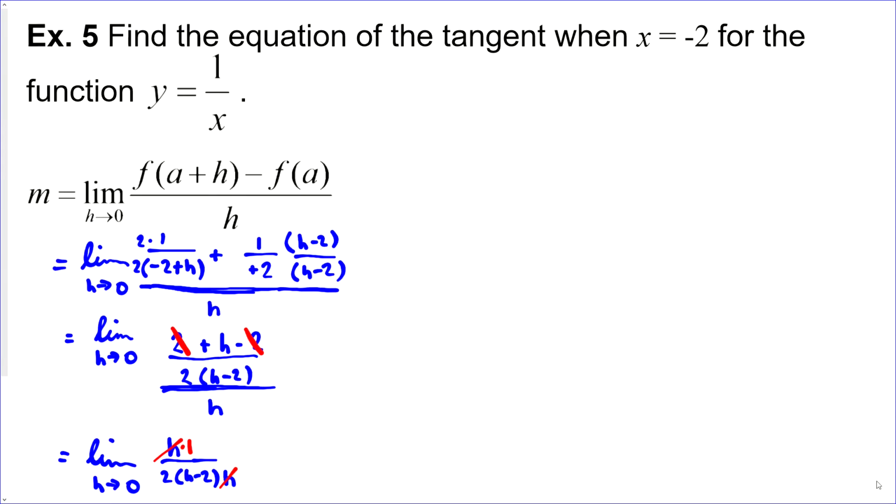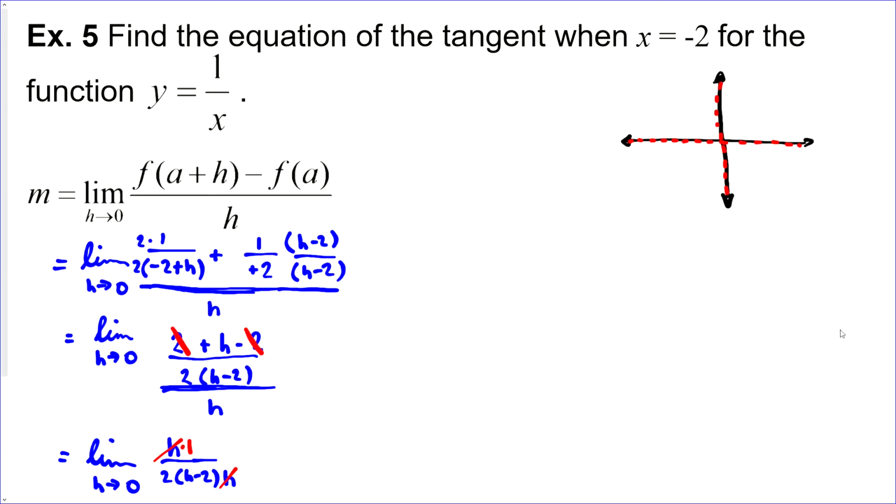Now let's see if that is an appropriate or realistic slope of a tangent. So I'm going to sketch this function this time, and if you had time, it would be a good idea to always do that. This is 1 over x, so that means that we've got a vertical asymptote at x equals 0, and we've got a horizontal asymptote at y equals 0.